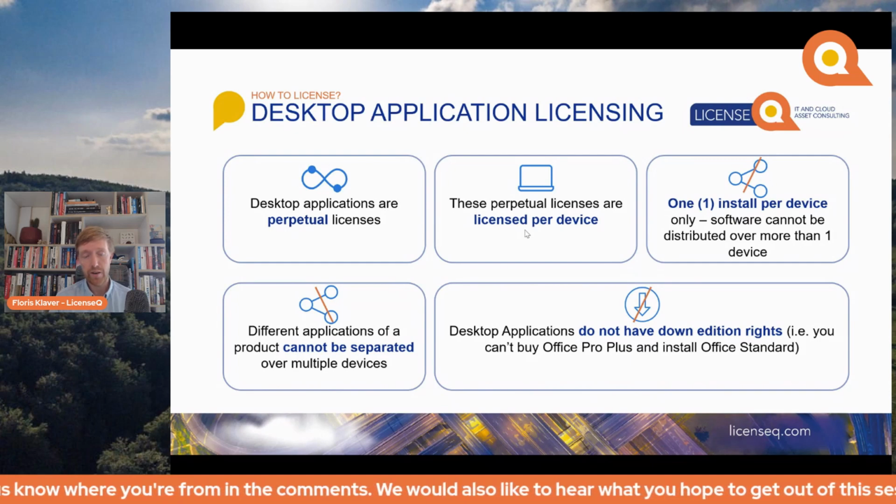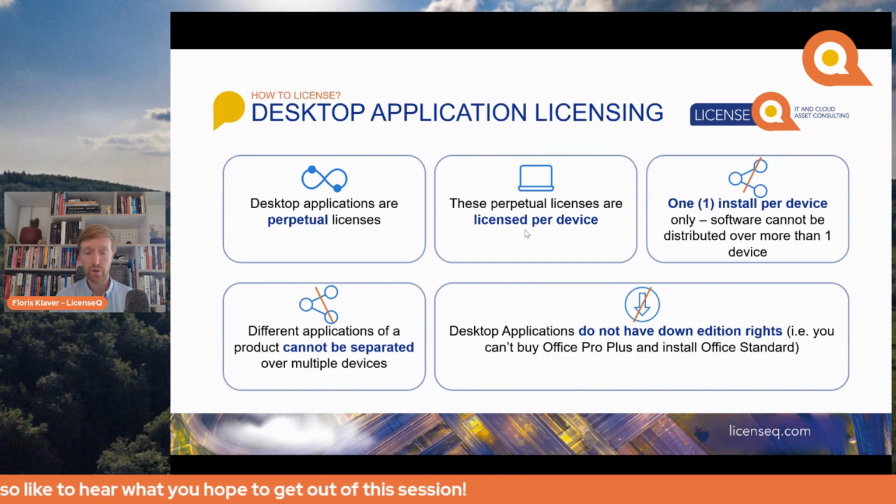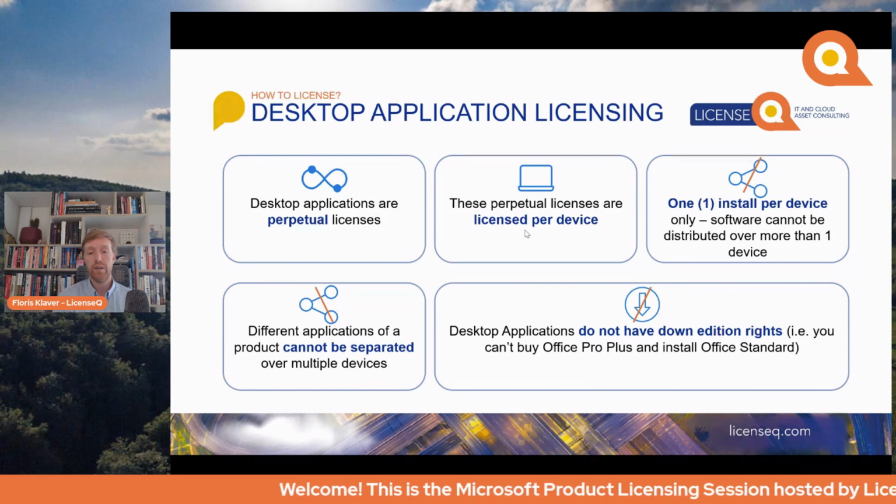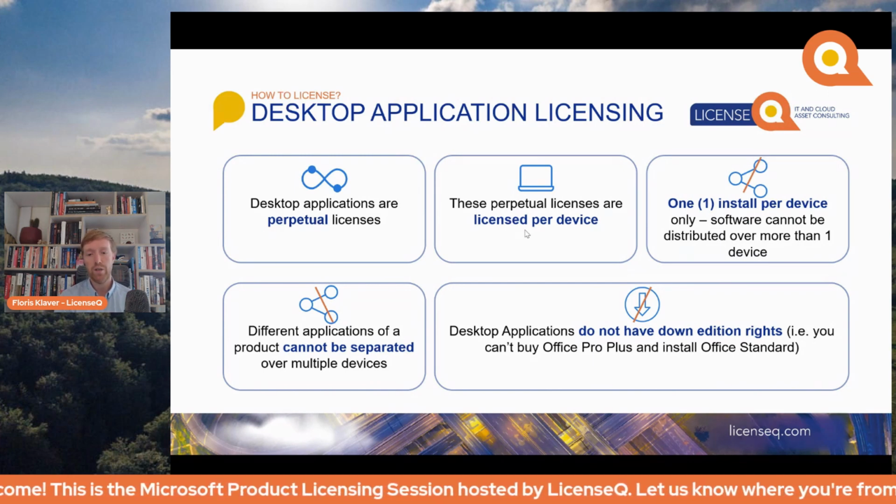Again, as stated in an earlier part of this training, if you buy Office Professional Plus, you cannot separate different components across multiple devices. So you can't put Excel on one device and take PowerPoint and put it on the other. You license that product, Office product suite, on one single device.